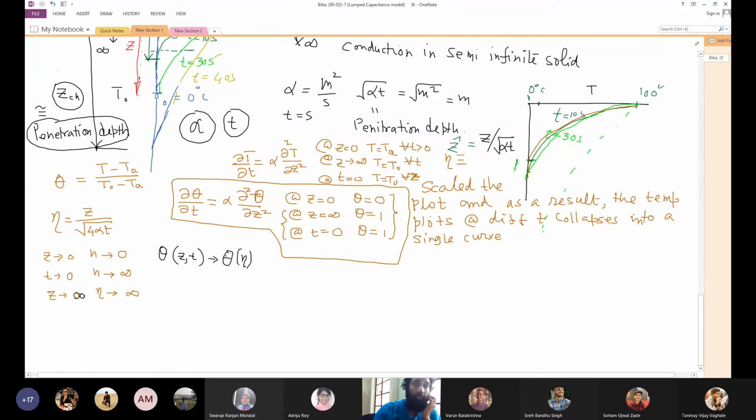As I said, this plot all collapses together, which is equivalent to the assumption or condition that theta is a function of eta only, provided eta combines z and t in some special way. So now let us transform the derivatives.